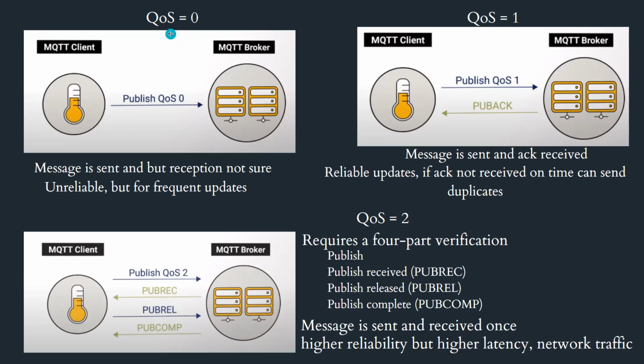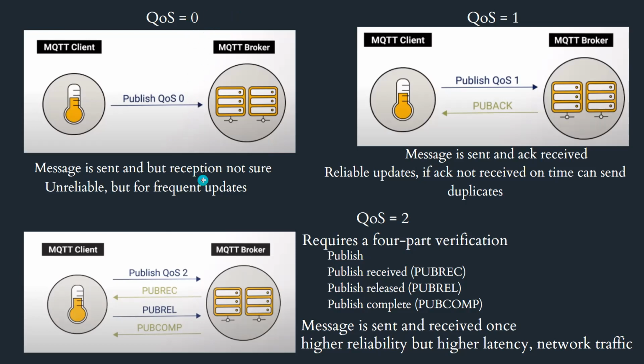Generally, when the QoS level increases, the cost of the protocol increases, which means we have to spend a lot of resources for communication under QoS level 2, which is the maximum. The least costly communication is QoS level 0.